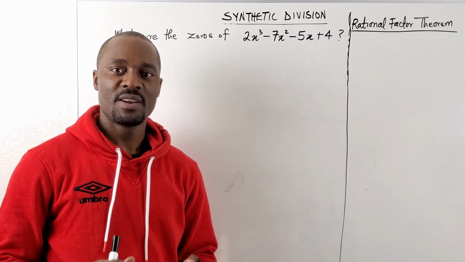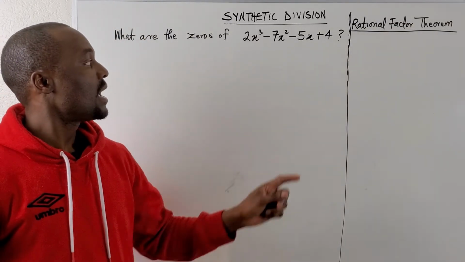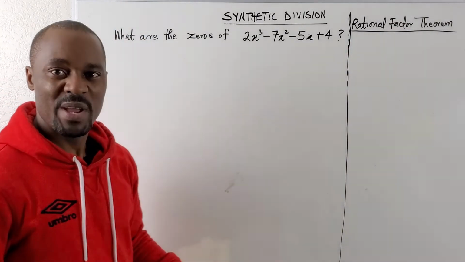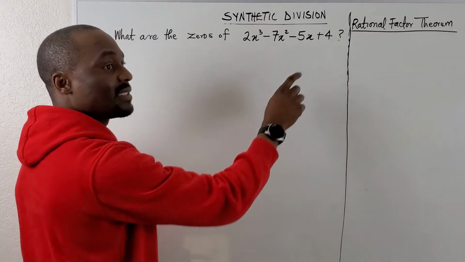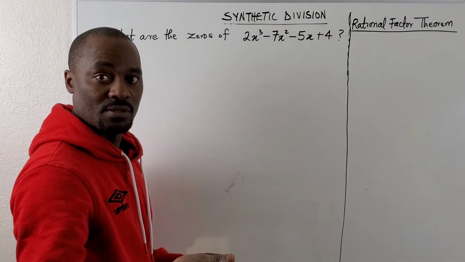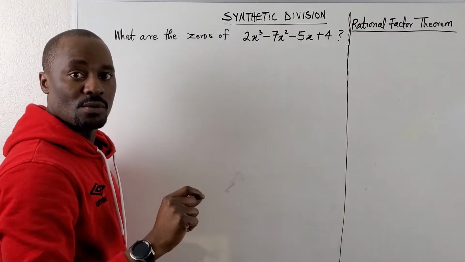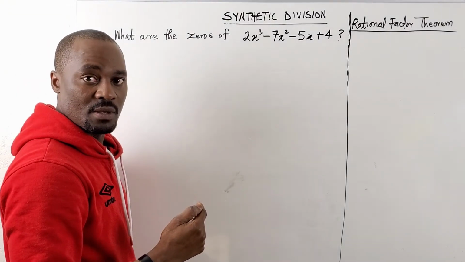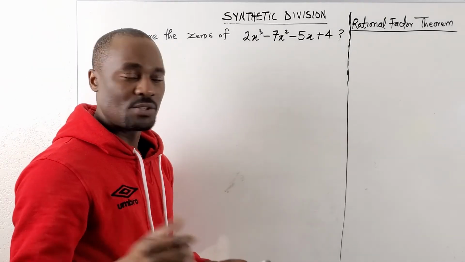So this will be the very last question I'm going to use, and I'm going to explain this theorem quickly again. So you can see that I have 4 here as the very last term, the constant term, and what I have here is 2, which is the leading coefficient. So what's going to happen is I'll try and figure out the factors that I could use.